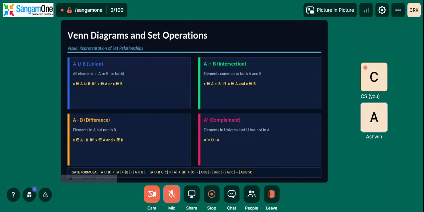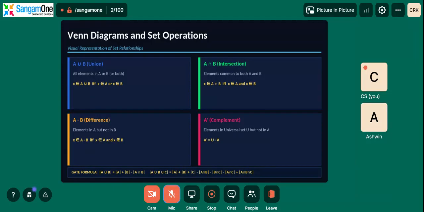If I consider A as rational numbers, the universal set contains all the real numbers, excluding A. If you take the complement of that, it corresponds to irrational numbers.